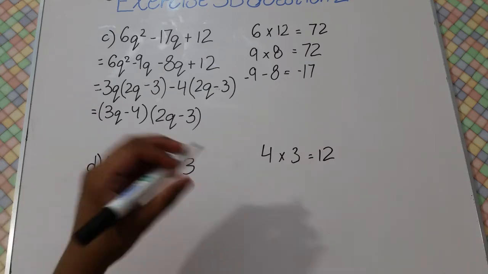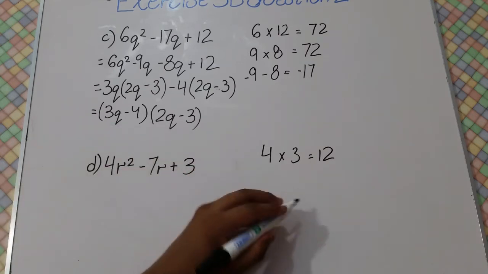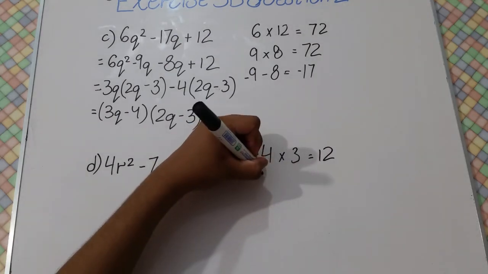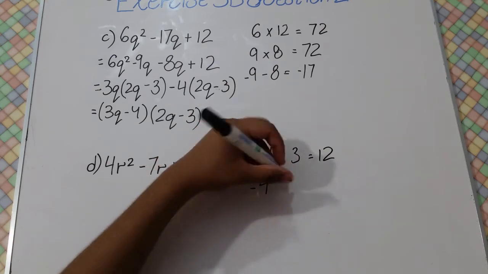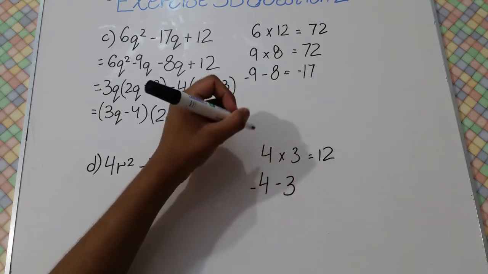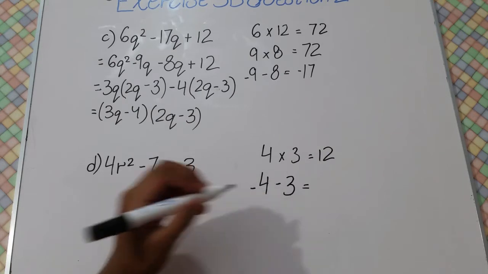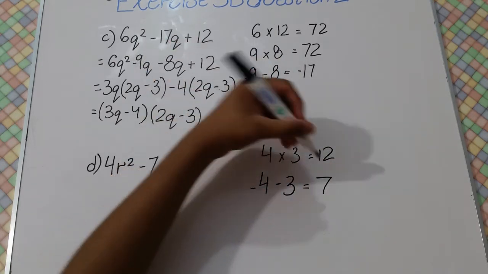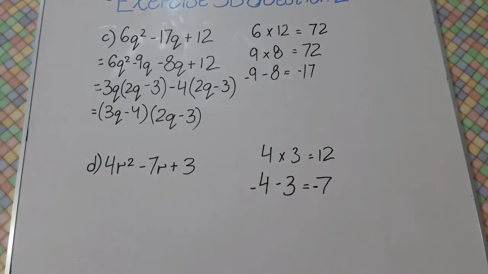In a coincidence, because if we multiply 4 with 3 it is 12, and then if we subtract like this, let me show you, or if we add minus 4 minus 3 equals minus 7, because 4 plus 3 is 7, and as the first value is negative, it would be negative 7.